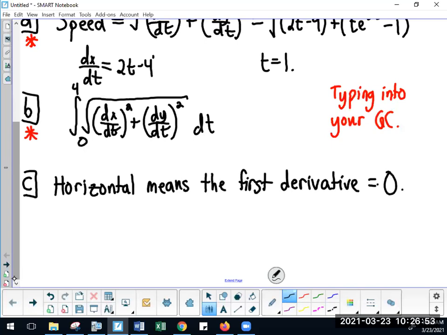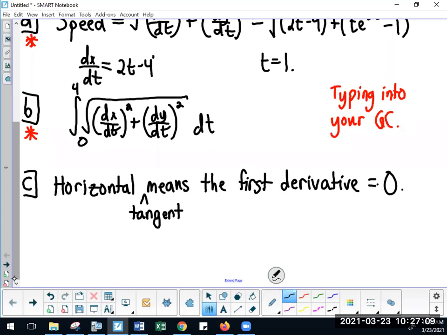I hope you would all agree with that statement. We're talking about being a horizontal tangent. Then we're talking about the first derivative equal to 0.